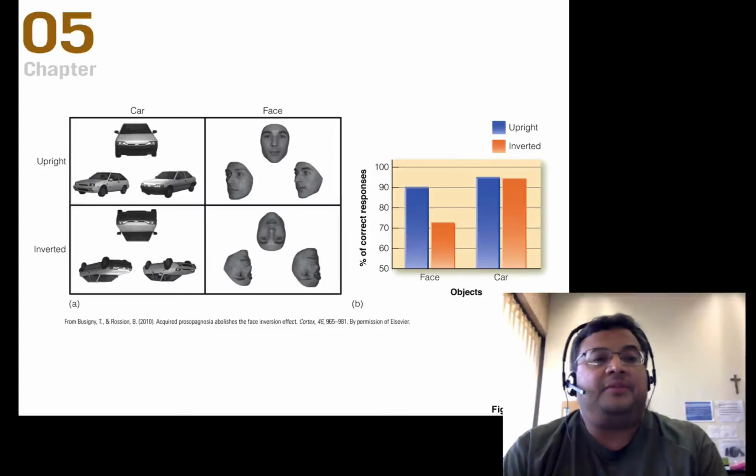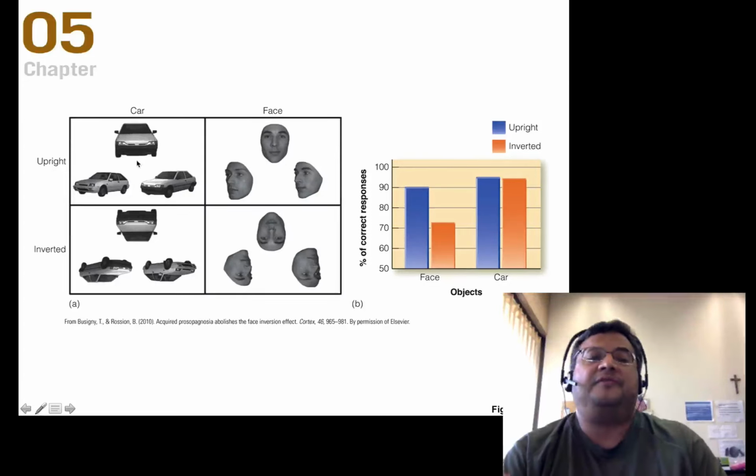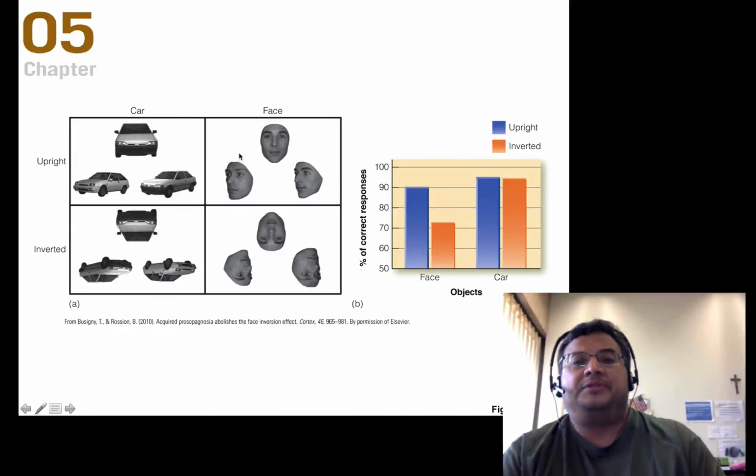So for example, here we have cars and faces. Now, cars are very familiar objects to us, and of course, faces are obviously very important to us as well.